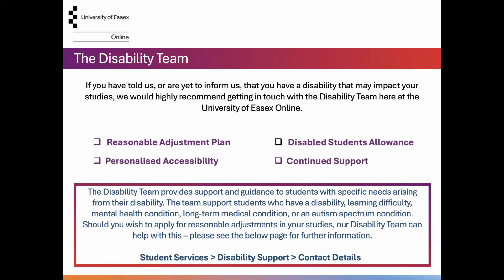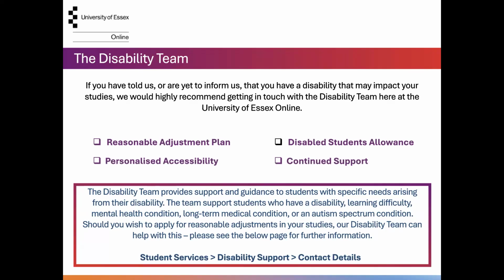The Disability Team. If you have told us or are yet to inform us that you have a disability that may impact your studies, we would highly recommend getting in touch with the disability team here at the University of Essex Online. Please head to the disability page on the platform where you can find further information and all contact details for the team. The disability team provides support and guidance to students with specific needs arising from their disability.